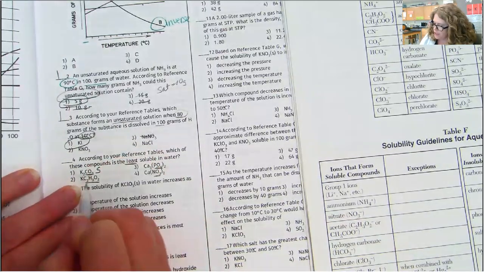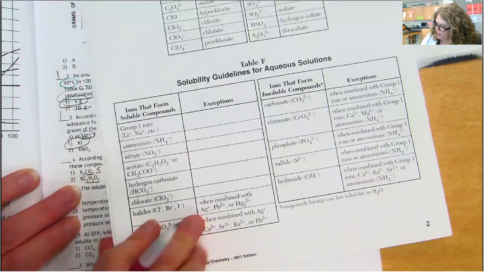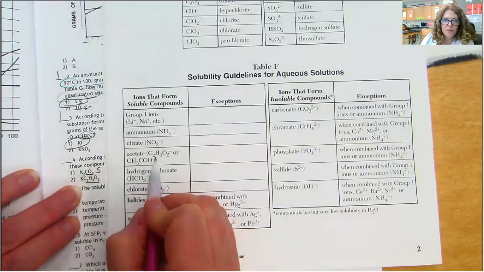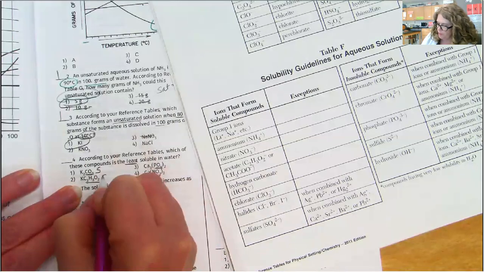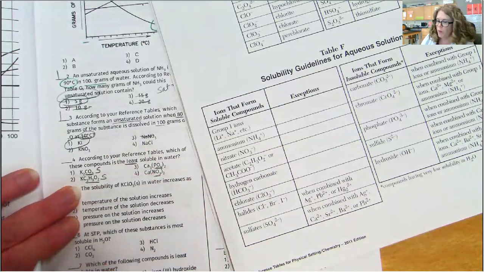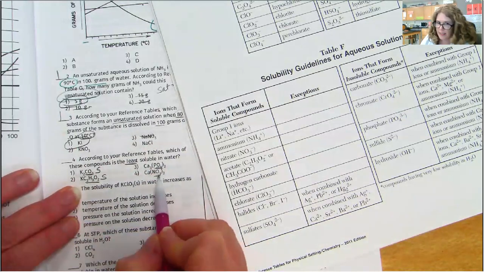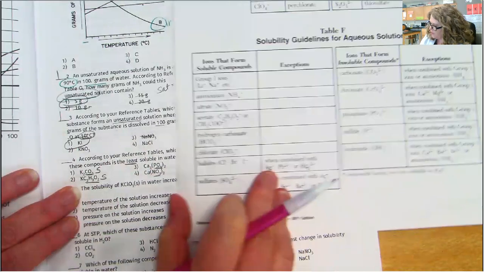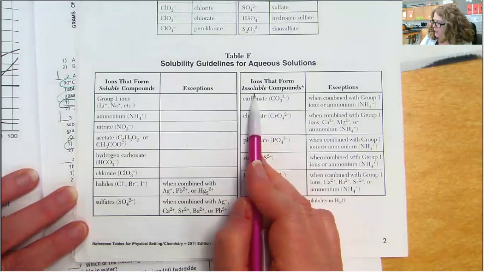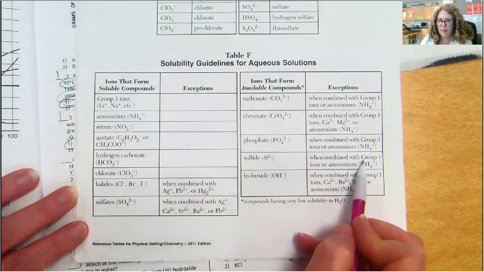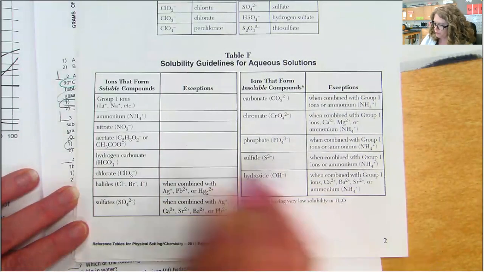So now I'm going to look at C2H3O2. C2H3O2, soluble. Oh, no exceptions. So that one's soluble. Table F questions are always going to follow the same pattern: 3 the same, 1 different. So now I have phosphate and nitrate. Phosphates are not soluble unless they're combined with a group 1 element or ammonia.